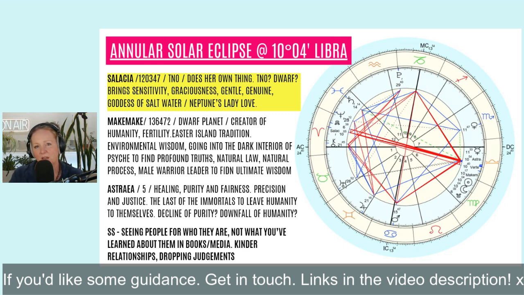She does what she does. Her arrival brings sensitivity, graciousness. She's gentle. She's genuine. And she's faithful as well, so she's not one of these water nymphs hanging around with all the water gods. She's faithful to Neptune, but she's the goddess of salt water.